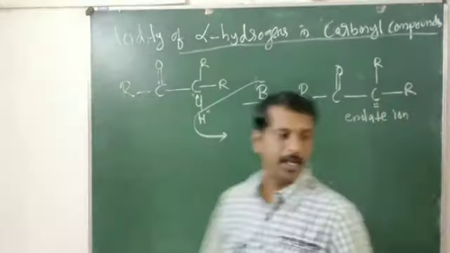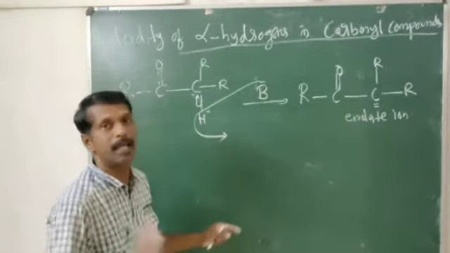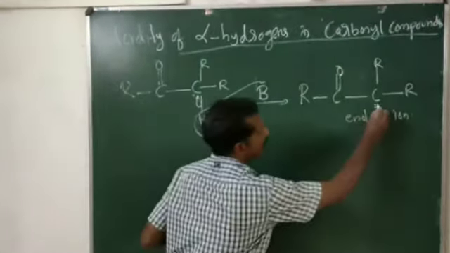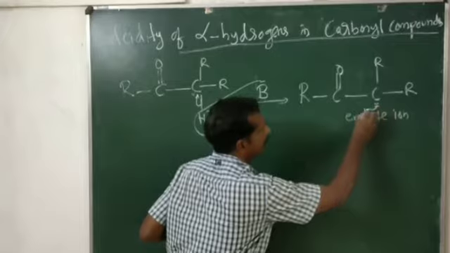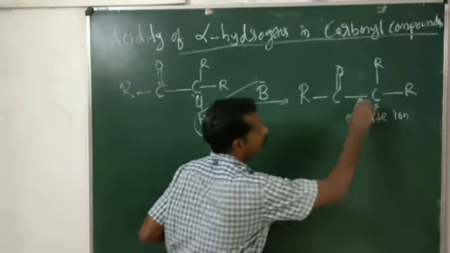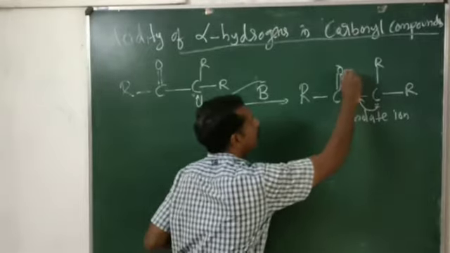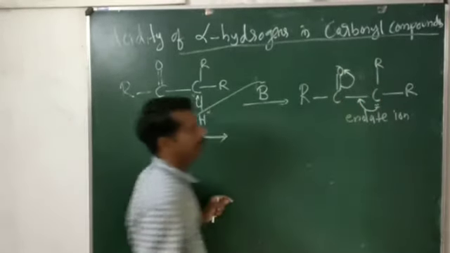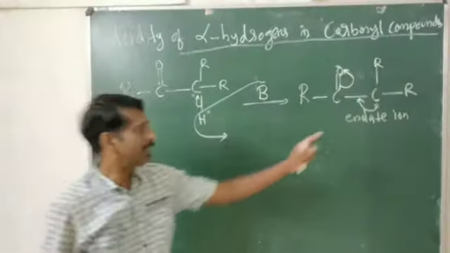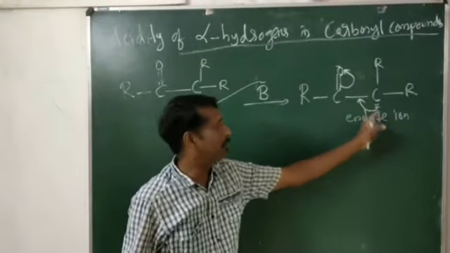This enolate ion can be stabilized by resonance. Look at it here, how it can be stabilized by resonance. This pair of electrons will be shifted to here, and this pair of electrons will move towards this oxygen. This is the resonance structure of enolate ion.